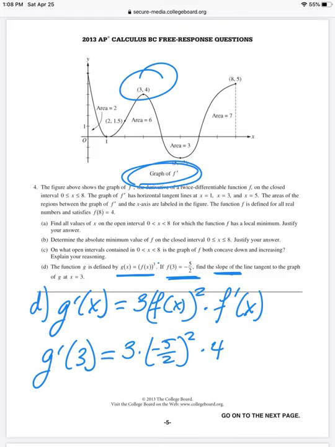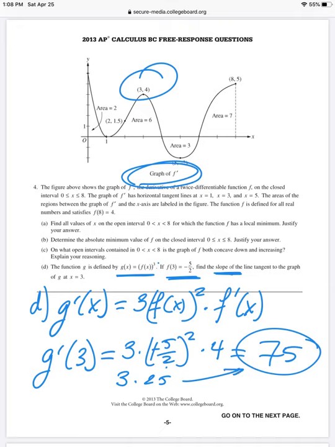So when I multiply all this out, let's see, positive, it's going to be positive. 5 squared is 25. 25 times 4 is 100. 100 divided by 2. Okay, you're going to get 75 as our answer. And there you go. This is actually going to be divided by 4, because it's squared, right? So what you're really going to have is 3 times 25. That's how I got 75, because 2 squared is 4, and that's going to cancel out with that 4. So hopefully that helps.